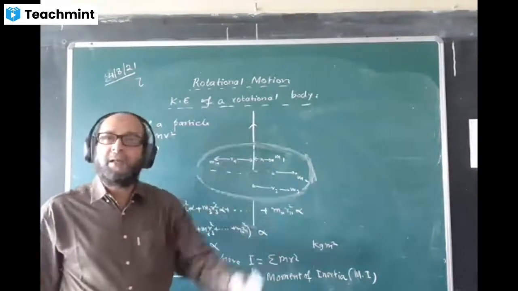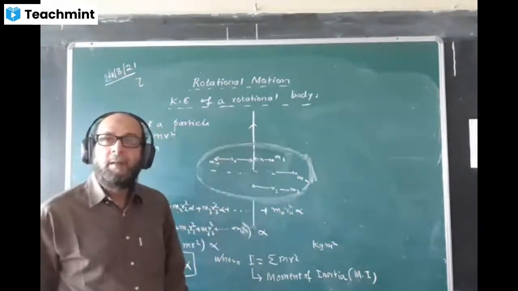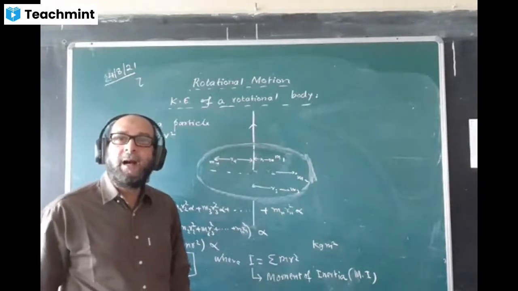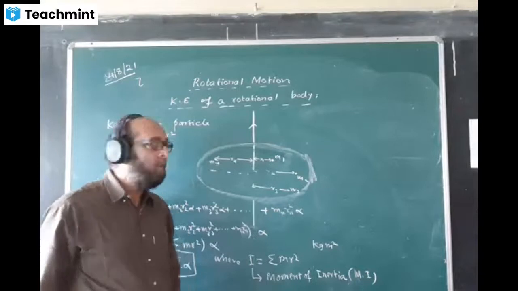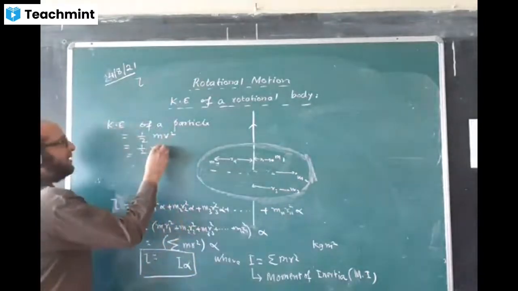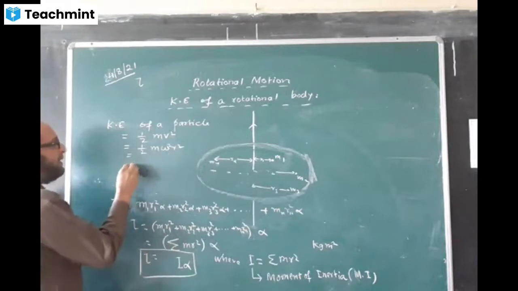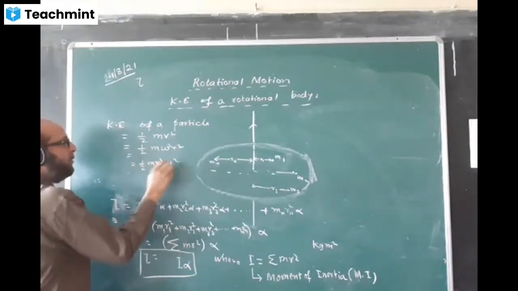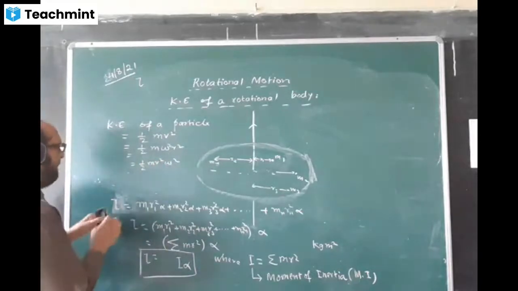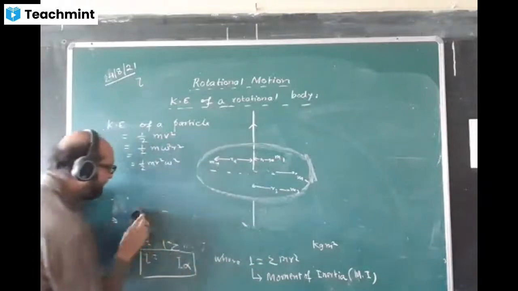V is equal to omega R, so V square becomes omega square R square. So I write it in this format: half m R square omega square. This is the formula of kinetic energy on any particle.